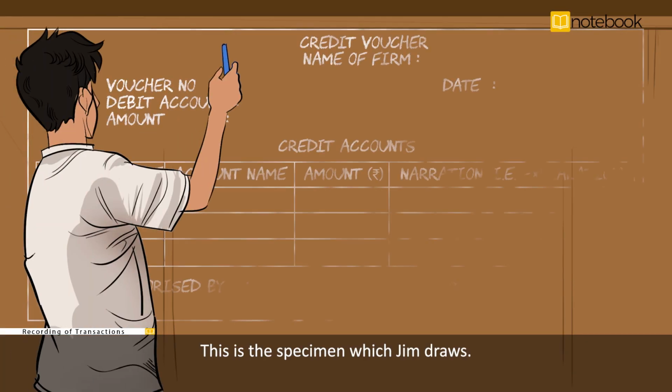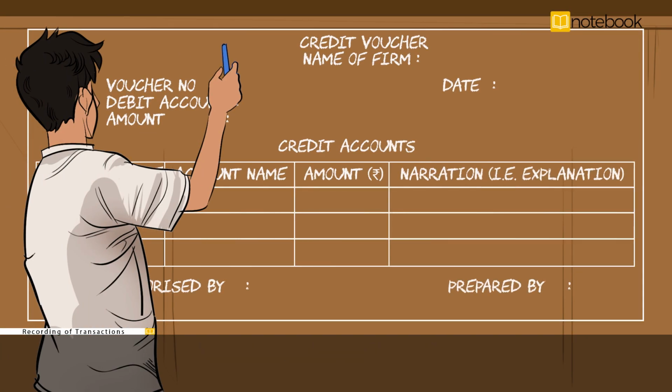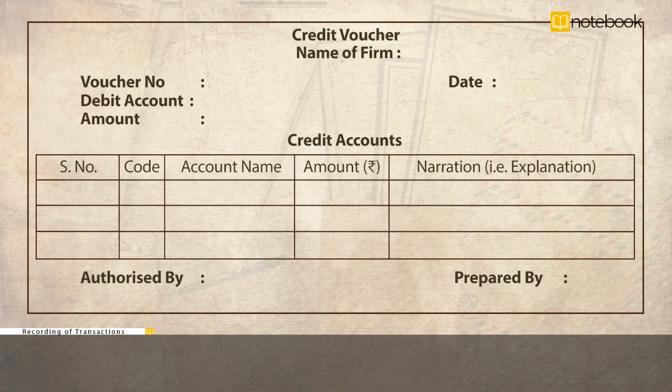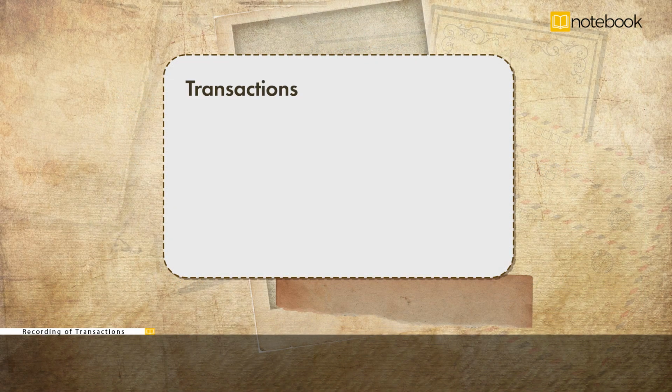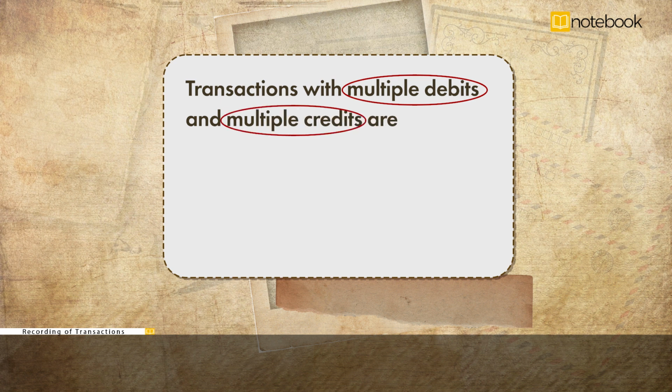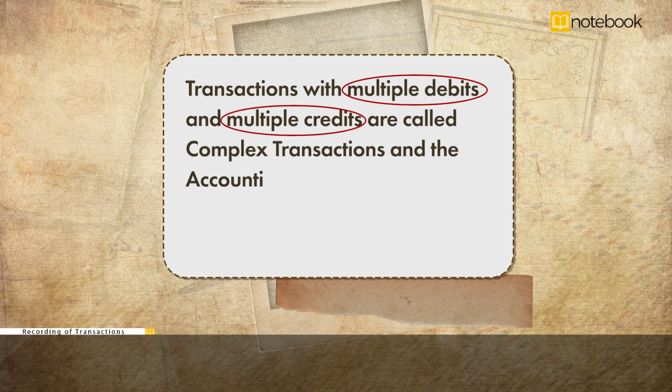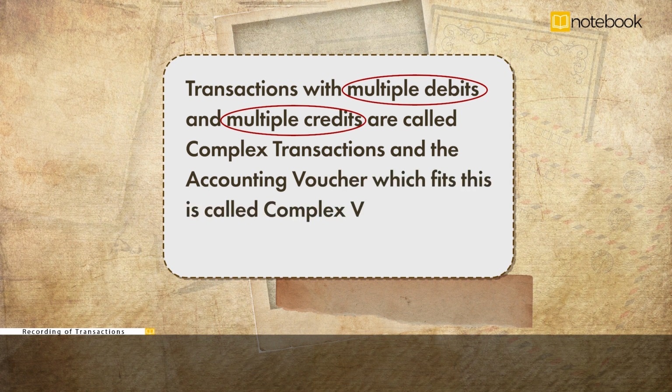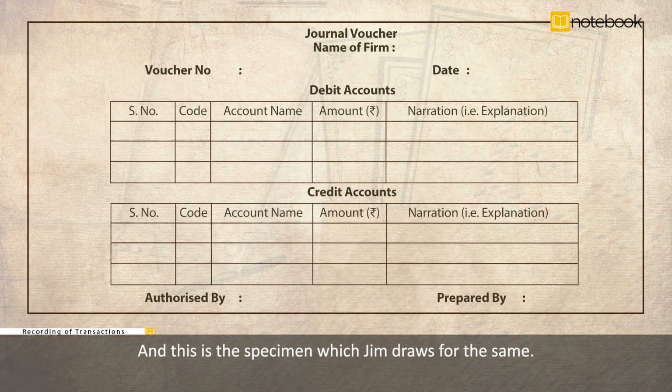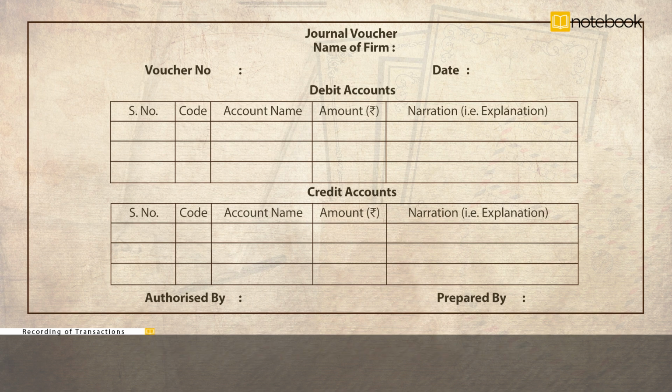This is the specimen which Jim draws. Transactions with multiple debits and multiple credits are called complex transactions, and the accounting voucher which fits this is called complex voucher or a journal voucher. And this is the specimen which Jim draws for the same.